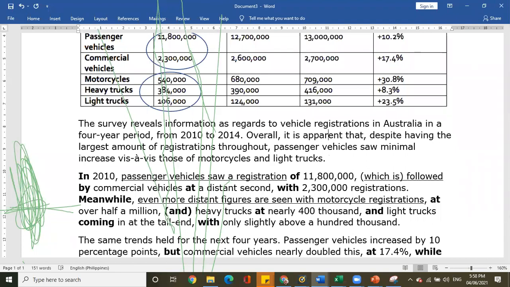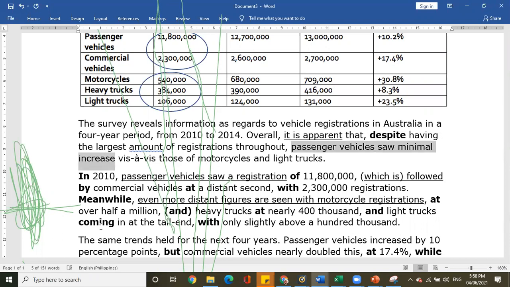So this is your SVO. It is apparent there. And then this is now your discourse marker, despite. Okay. This is another SVO. So minimal increase there.